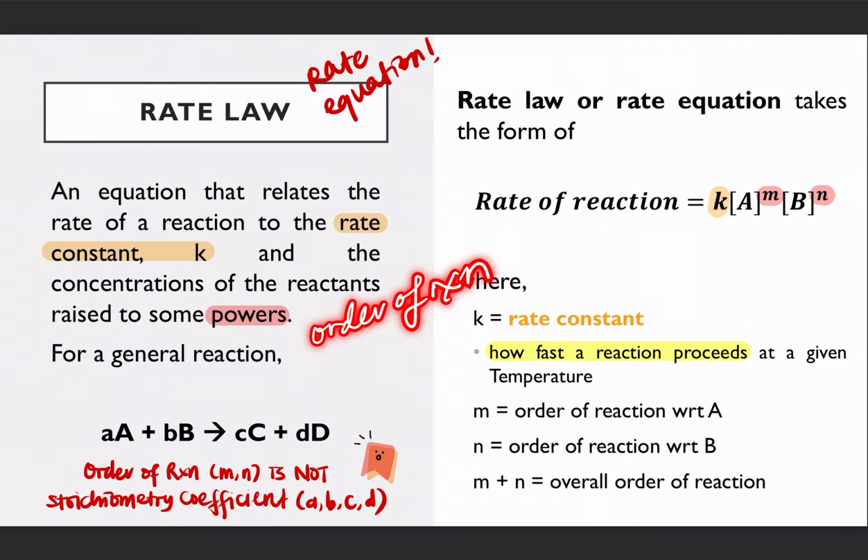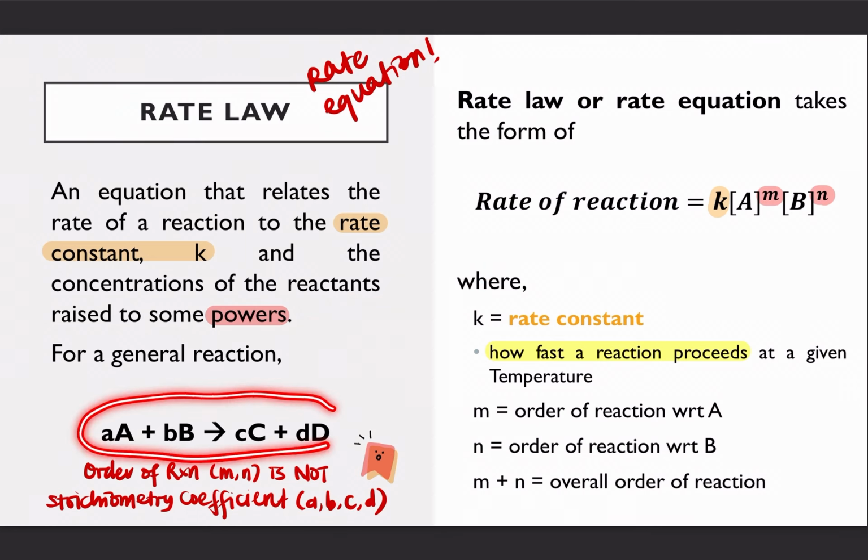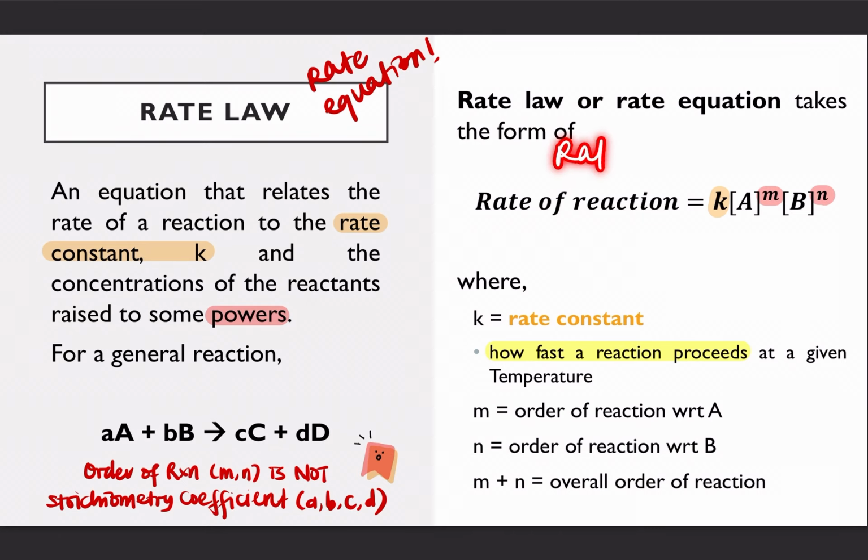Okay, so let's look at this general reaction. Okay, so the rate law for that chemical equation will be as follows. Okay, so if you look here, you will write rate equals to, you must have K, your rate constant, and then concentration of your reactant A to the power of m.